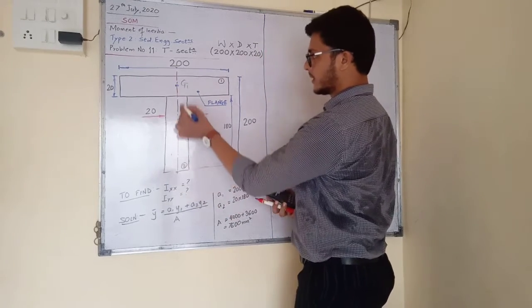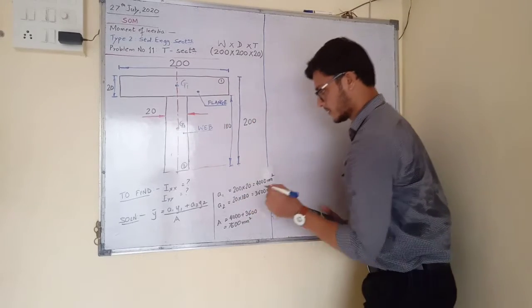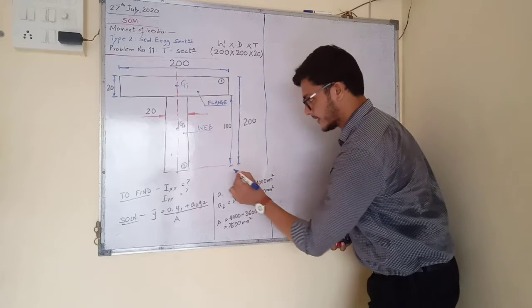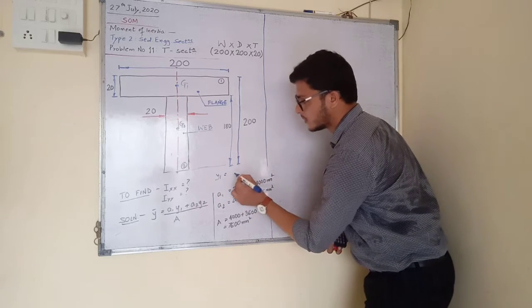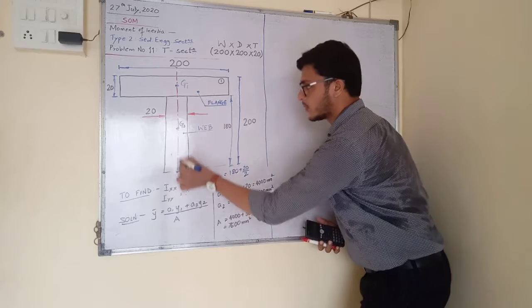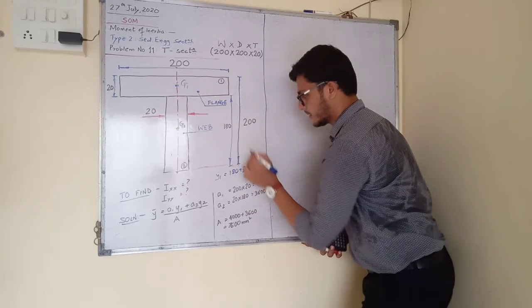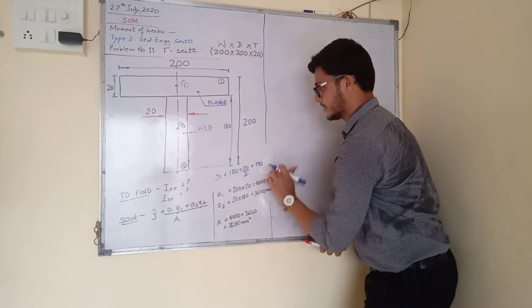So bottom till here is 180, 180 plus 20 half. So y1 is equal to 180 plus 20 half. So it is 190 millimeter.